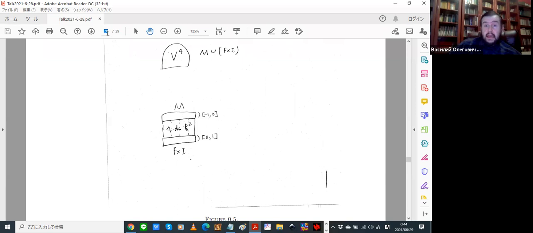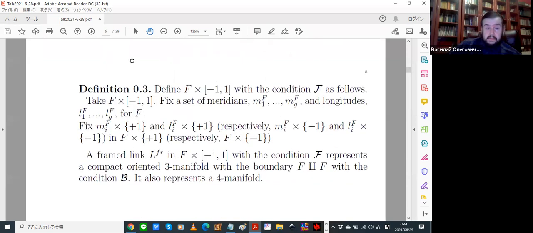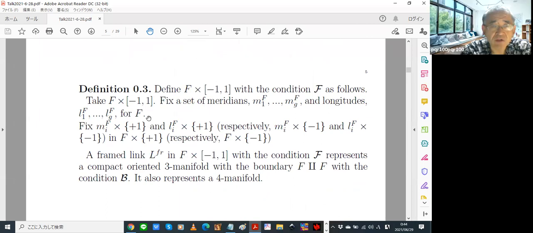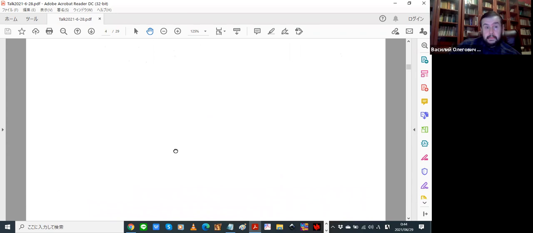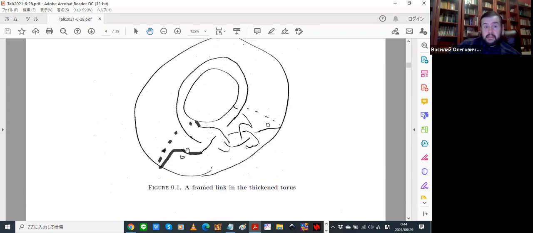If you just say that you have a number, it would not suffice. Integer framing? It's not sufficient if you have a non-trivial homology class. Do you think that just writing an integer will suffice?